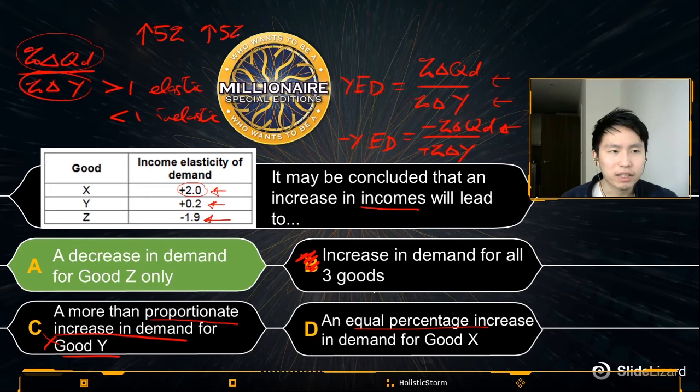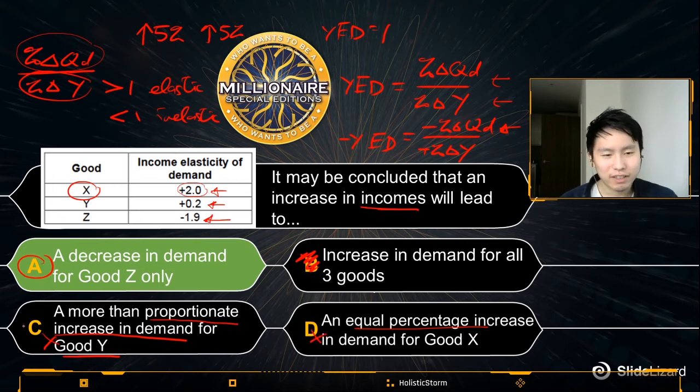So then your YED would be equal to 1. But in this case, the YED of good X isn't equal to 1. It's 2, so it's not going to be equal. It will be a more than proportionate increase in demand. So it's not D. Then it's got to be A.